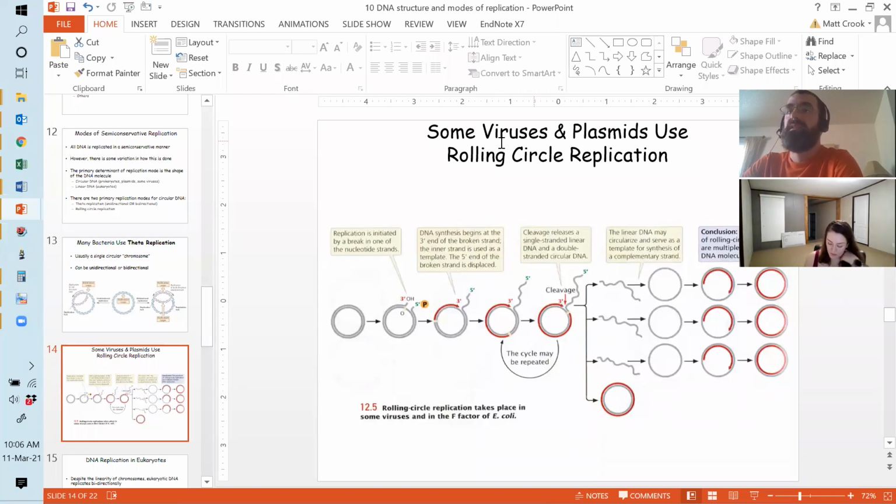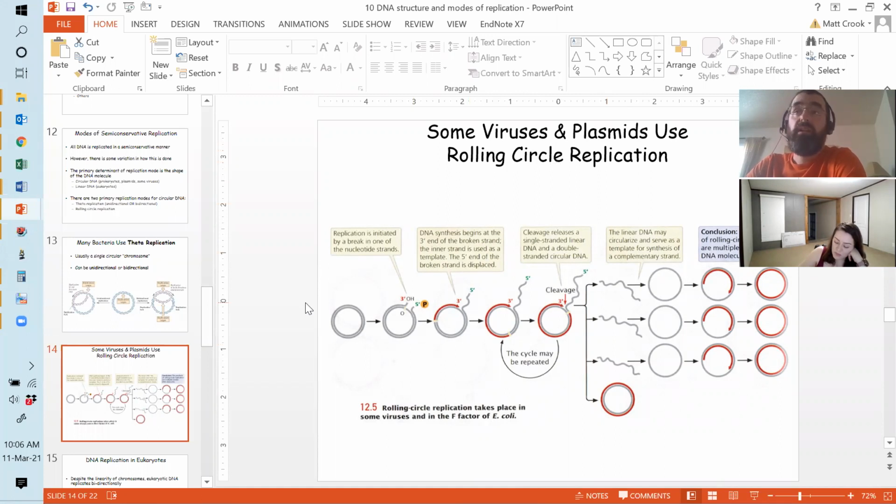So some DNA viruses, right? Not all of them, because some of them are linear, but some DNA viruses are circular. And also we have these things called plasmids, right? And so plasmids are basically little circular chromosomes that bacteria can share with each other.